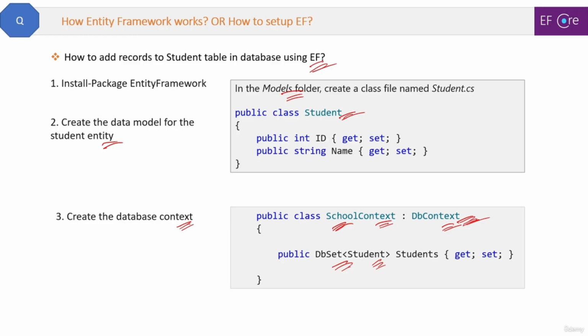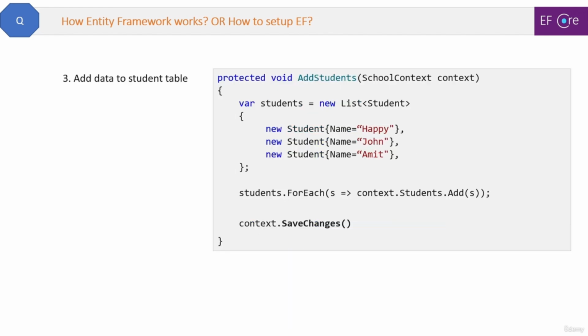Now in order to add data, our setup, connection, and table DbSet are ready, and the DbContext connection is already there. To add data to the student table, you have to inject that SchoolContext class like this in the AddStudents method, and then create a list of students like this.